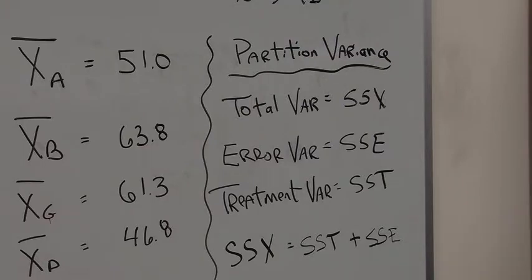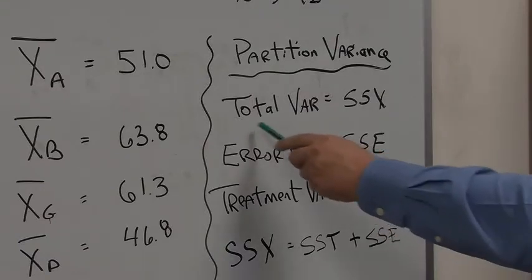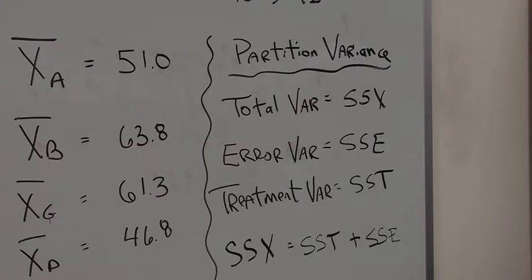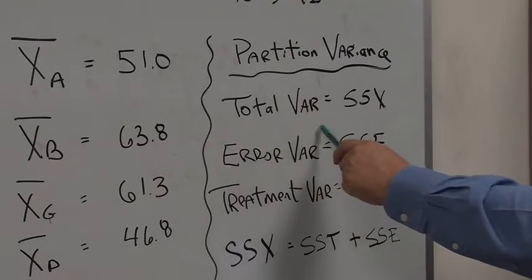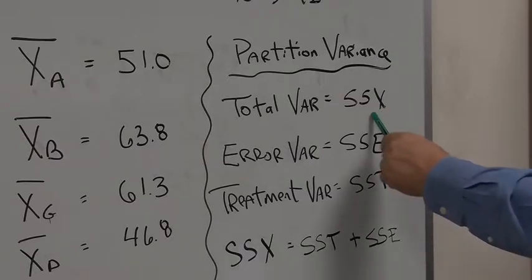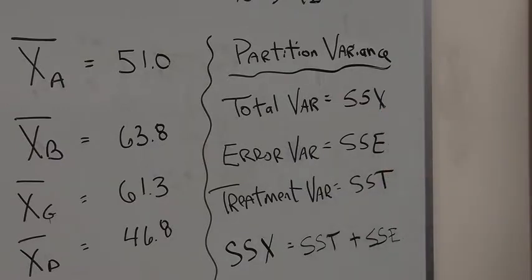And let me just share some notation and some equations with you. Total variance, going back to homework number 1 and exam number 1, you know how to calculate total variance, and that's denoted, as we did clear back earlier in the semester, as SSX.